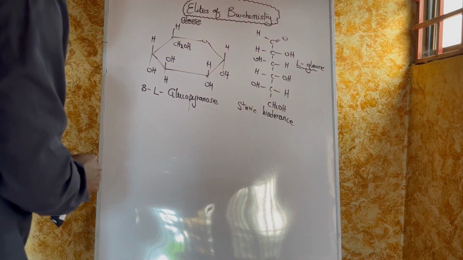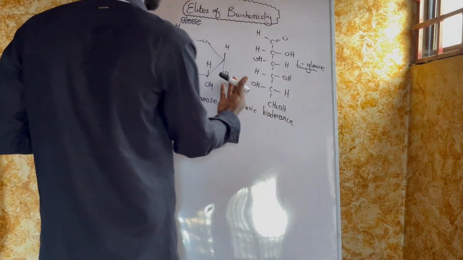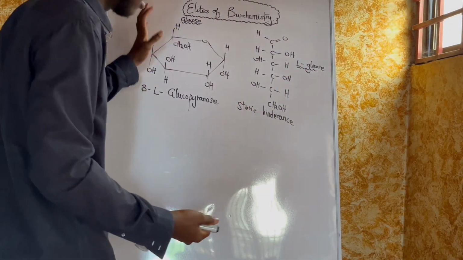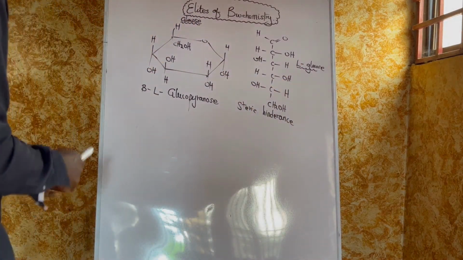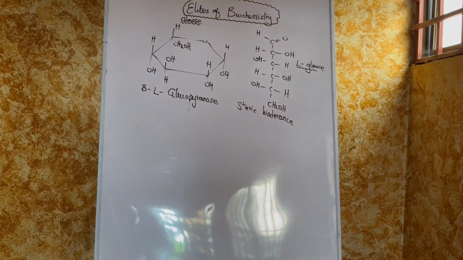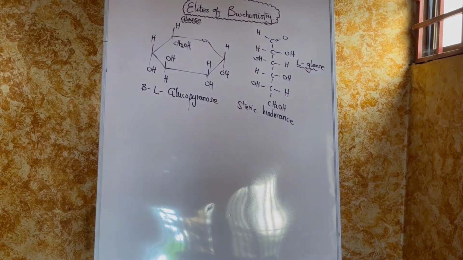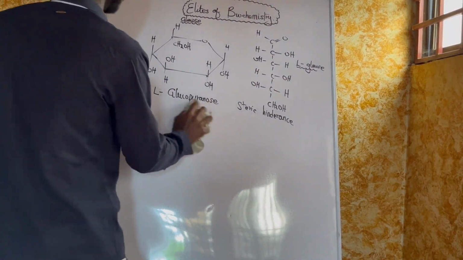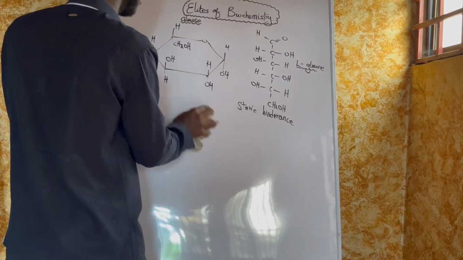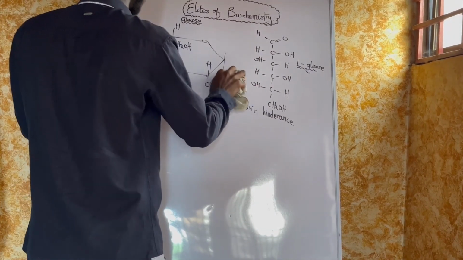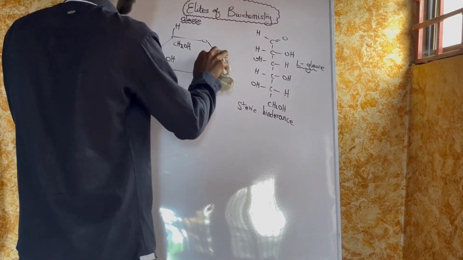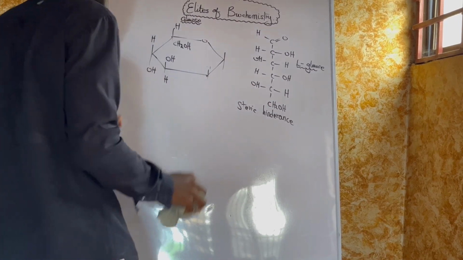But there's one thing I want you to know, because if you are using this to explain the stability of sugars, I want you to also find out and see, because it's something that I found out recently which needs some attention. So let me change this one. Let me clean this configuration. Let me change the configuration on carbon 2.